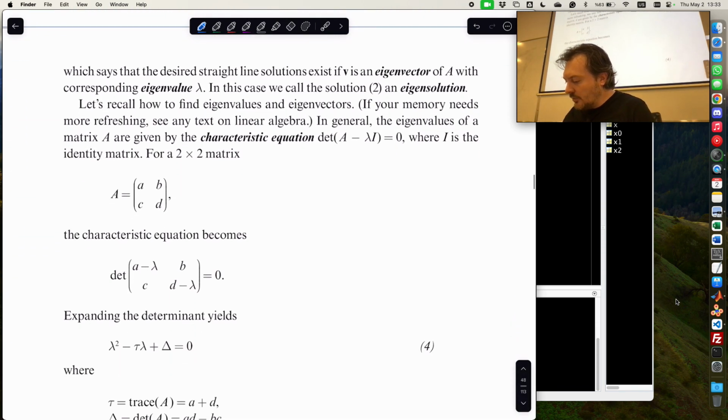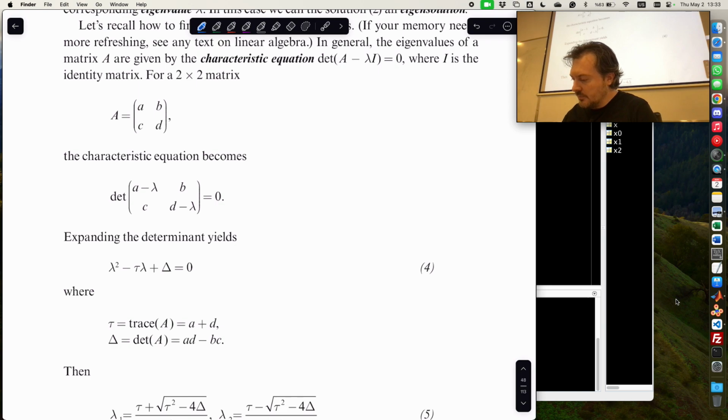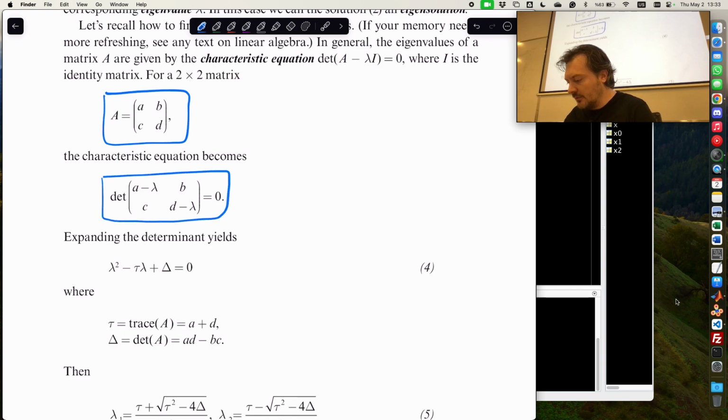So how do we find the solution? We can write the matrix like this. We can find the determinant and set it to 0. That gives us a second order quadratic equation, right? We know how to solve it. So there's a trace here and there's a determinant. Trace is a plus d.